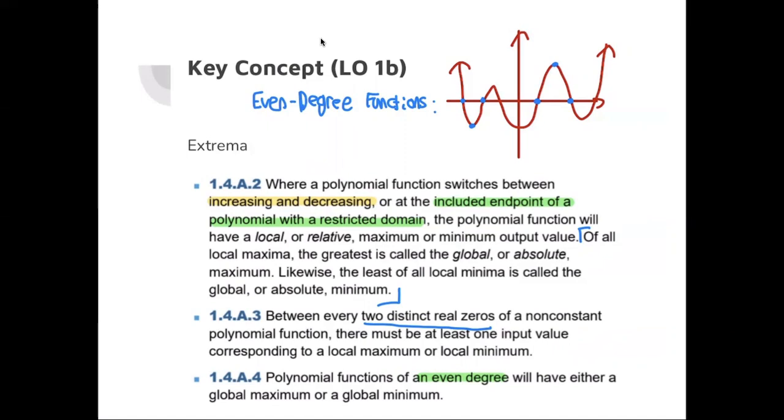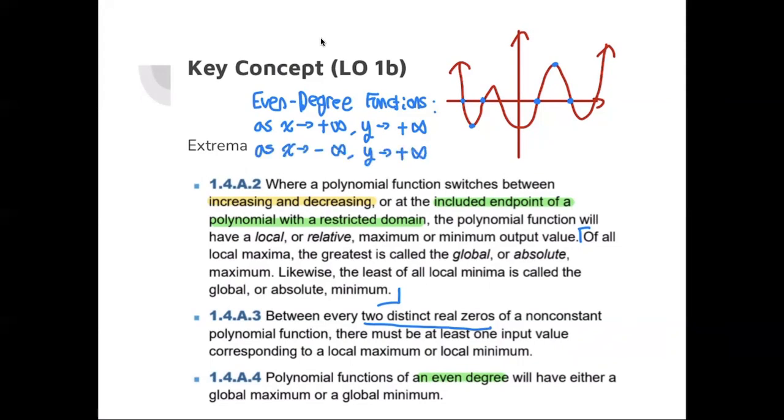What I mean by end behavior is that as x approaches positive infinity, y also approaches positive infinity, okay? Then as x approaches negative infinity, y also approaches positive infinity.